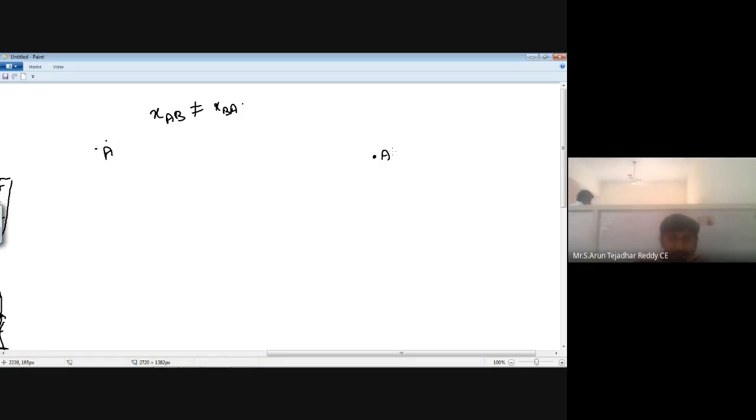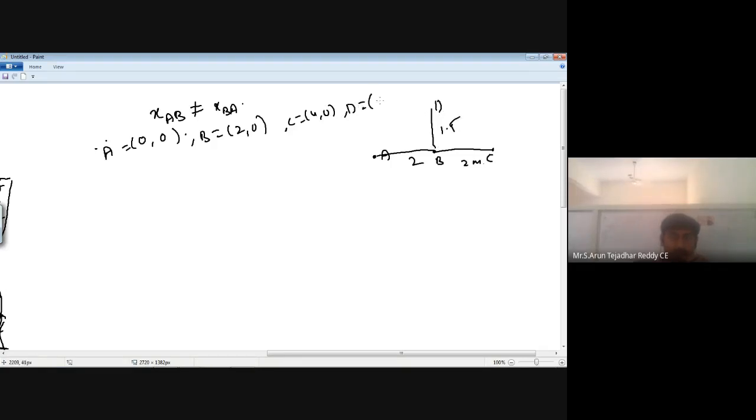It means at A there is no distance, so 0, 0. Next, B is 2 meters, so 2, 0. Next, C is 4, 0. Next, D is 2, 1.5. So like that, we consider in this problem.